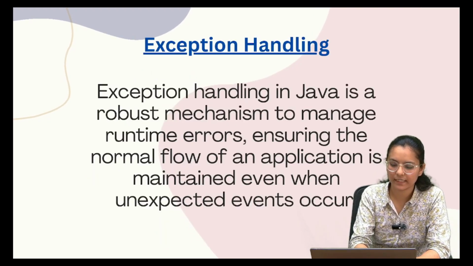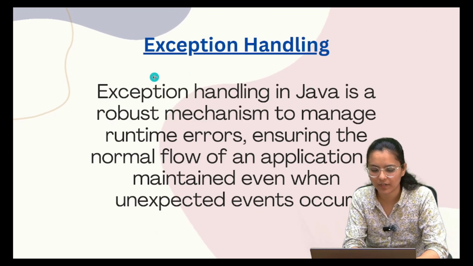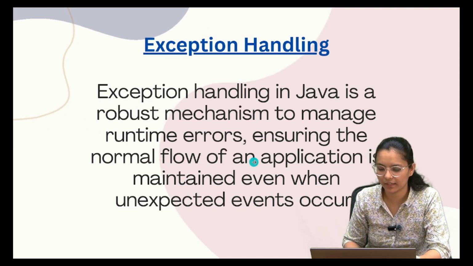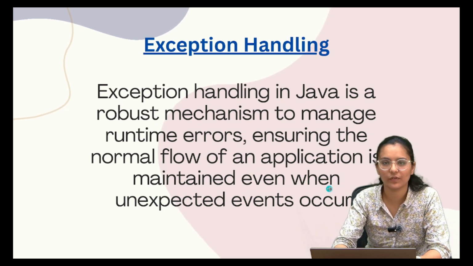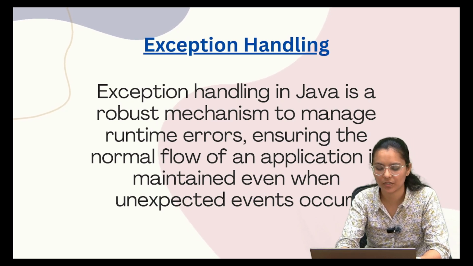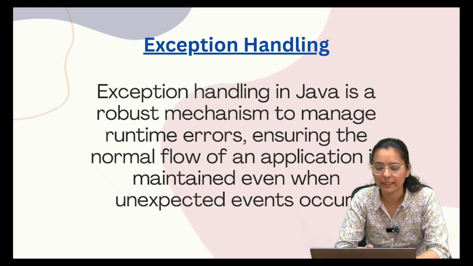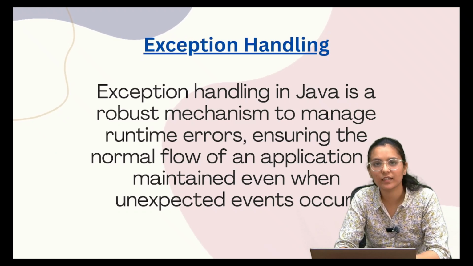Exception handling in Java is a robust mechanism to manage runtime errors, ensuring the normal flow of an application is maintained even when unexpected events occur. So why is it important? When a program runs, sometimes errors can happen, like dividing by zero, file not found, or invalid inputs.